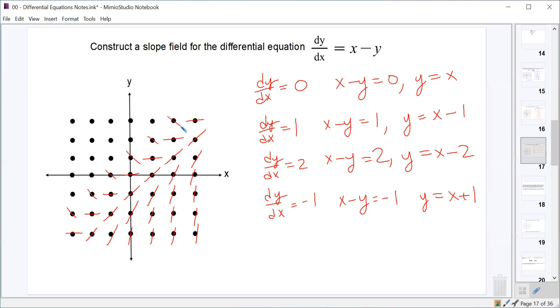And we could test the next one again just to confirm it's going to continue the pattern, but it is. If we choose -2, we'll now have x minus y equals -2, or y equals x plus 2. So this one will be a slope of -2. And the next one will be a slope of -3, and -4, -5, -6.